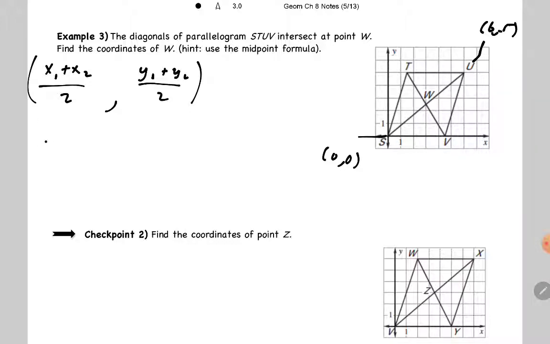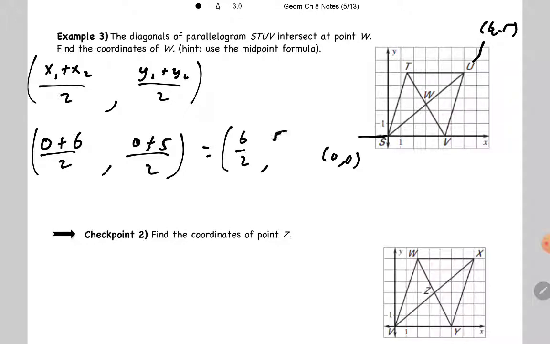So the first x, 0, plus the second x coordinate, 6, divided by 2, comma, your first y coordinate, 0, plus your second y coordinate, 5, divided by 2. So I'll get 6 divided by 2, comma, 5 divided by 2, which is 3, comma, 2.5.